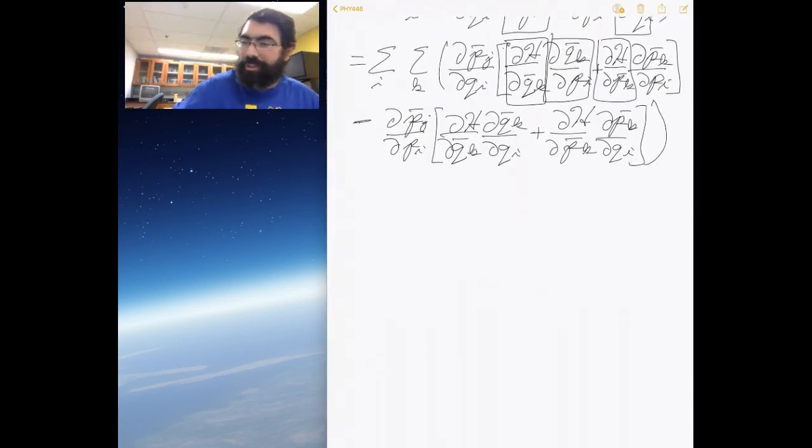So let's now group together the derivatives of the Hamiltonian.